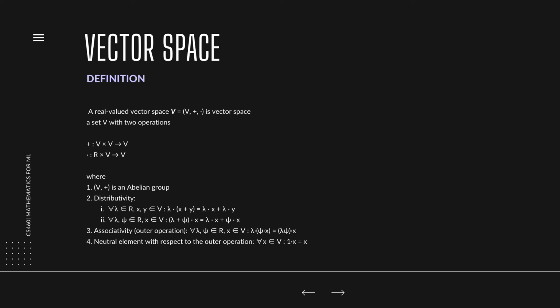The second one implies the closed structure of scalar multiplication. Where these conditions are satisfied, V with respect to addition is an abelian group, with distributivity, associativity, and existence of a unit or an identity.